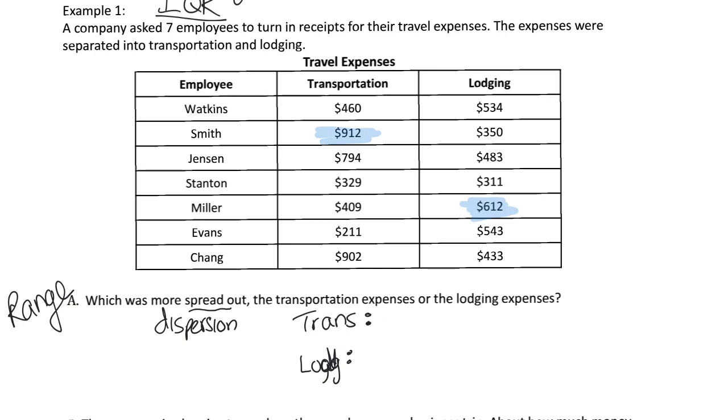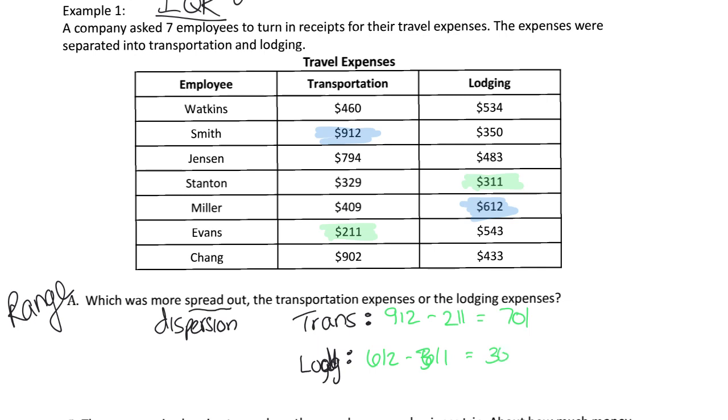Our smallest number for transportation is 211 and for lodging 311. Okay, so now range is biggest minus smallest. So for transportation, it's 912 minus 211, and you get 701. And for lodging, it's 612 minus 311.